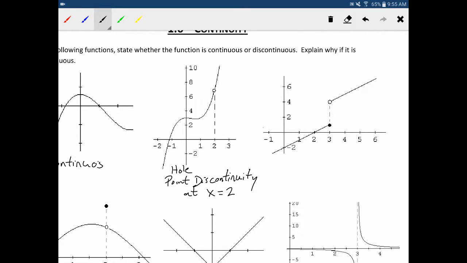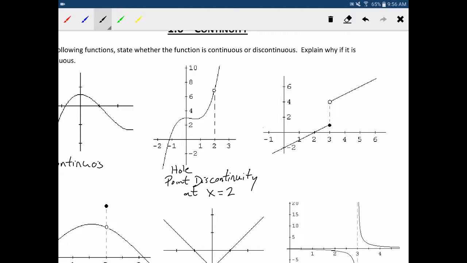So, another example of discontinuity. We've got sort of this step here. So the line's coming along, and then at x equals 3, it jumps up and forms another different line.